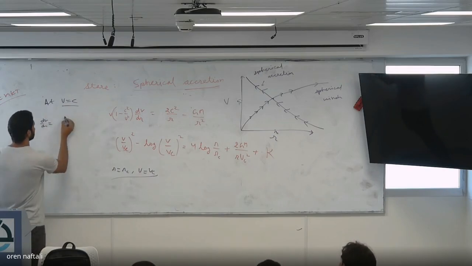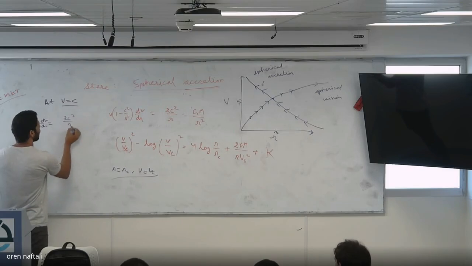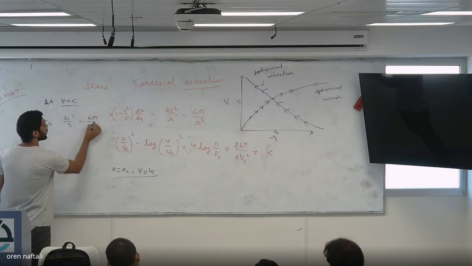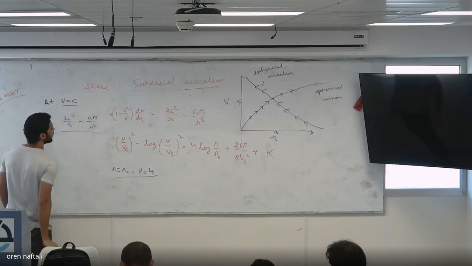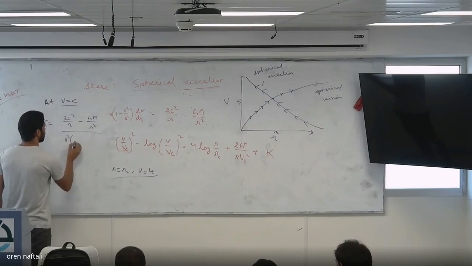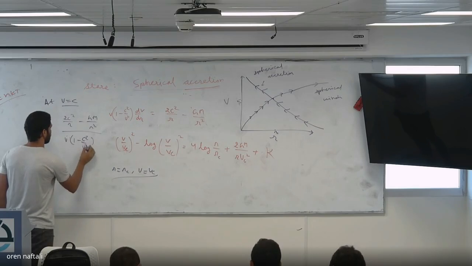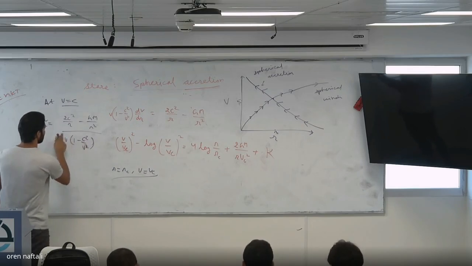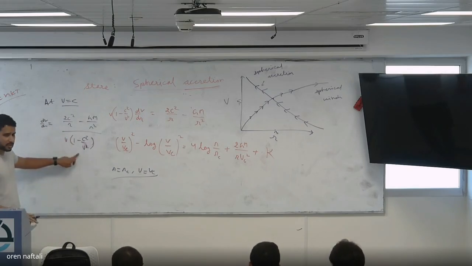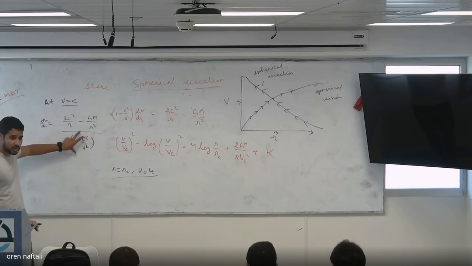Let's write it again. (2c squared over r minus GM over r squared) divided by v (1 minus c squared over v squared). Okay. If you put v equals c, the denominator is 0.